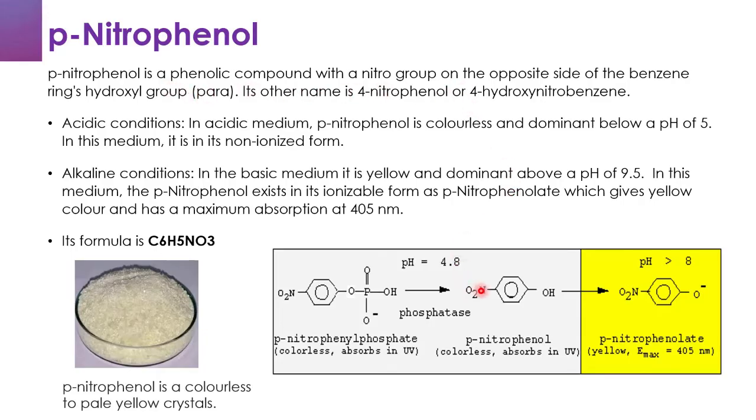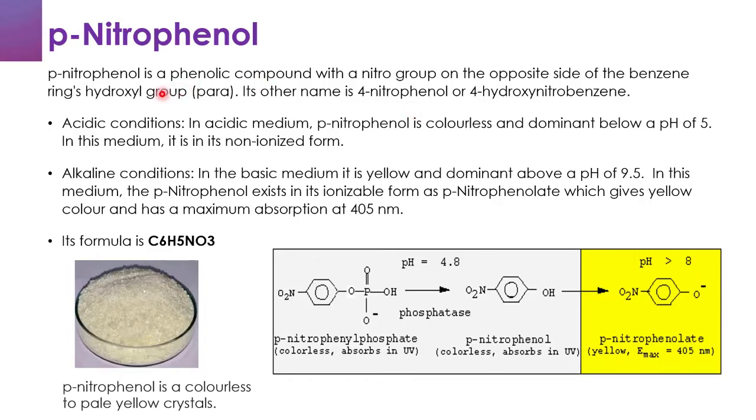This is the nitro group over here, and this is the molecular structure for p-nitrophenol, with the nitro group on the opposite side of the benzene ring from the hydroxyl group. Its other name is 4-nitrophenol or 4-hydroxy nitrobenzene. So now let us look at its reaction in acidic medium and in alkaline medium.